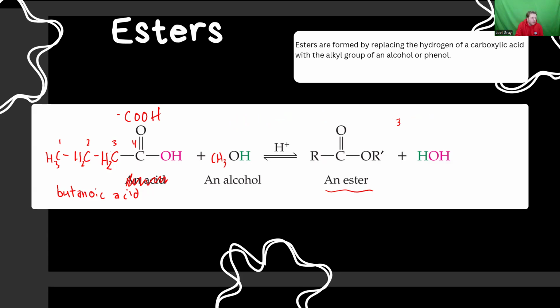Okay, so now what we're going to do is look at what is the result from mixing butanoic acid and this alcohol. What's the name of that alcohol that I drew there? We got a single carbon in an OH group. What would we call that one?